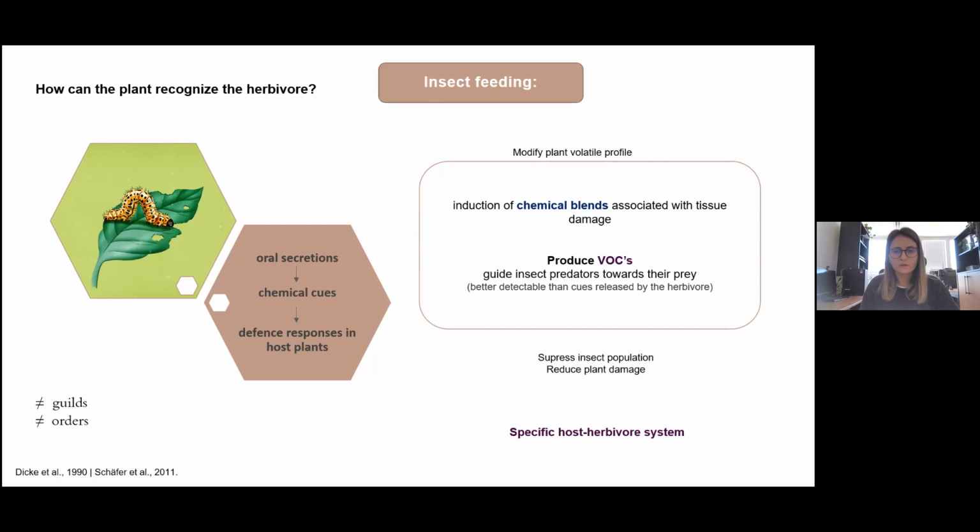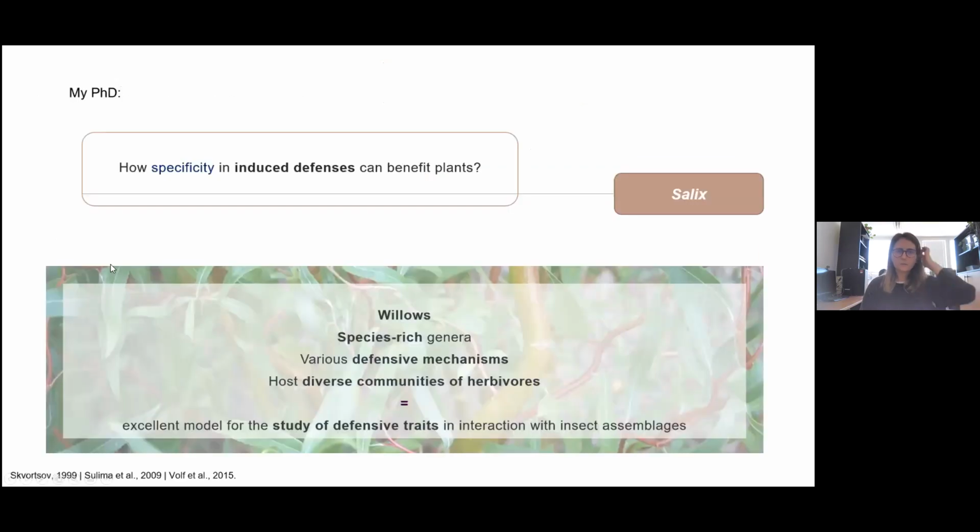And usually these responses from the plant, these compounds emitted from the plant, are better detectable by the predators than the cues released by the herbivore itself. So this is a very specific host-herbivore system, and if the plant manages to succeed and the predator arrives in the host plant, they'll probably suppress the insect population and help to reduce plant damage.